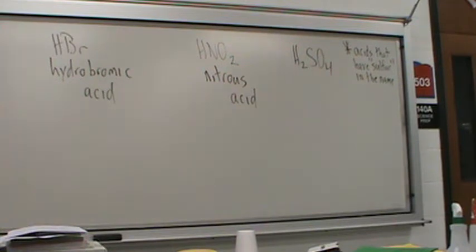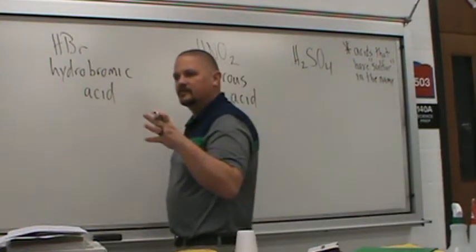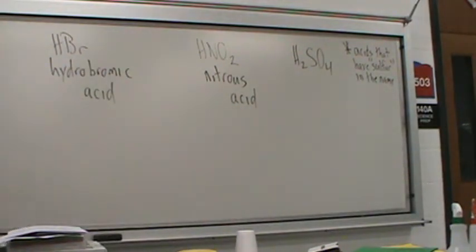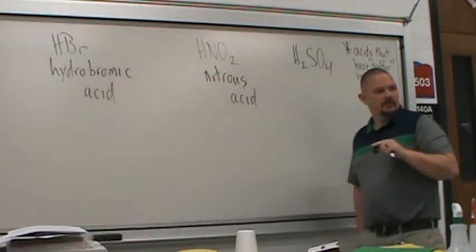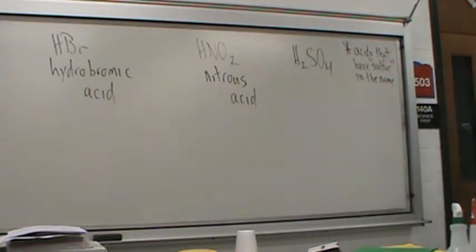When we have an acid that has sulfur in the name of the anion, sulfate has sulfur in the name of it, when we name it as an acid, we're actually going to use the word sulfur in the naming. So we still drop the ATE and add IC.